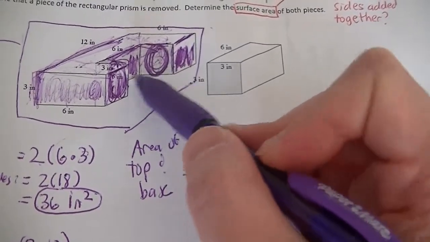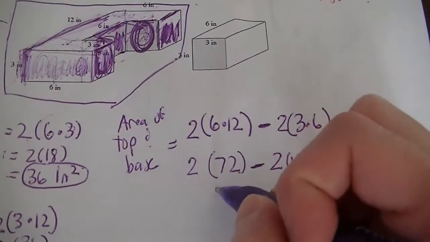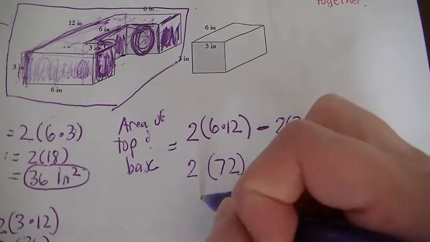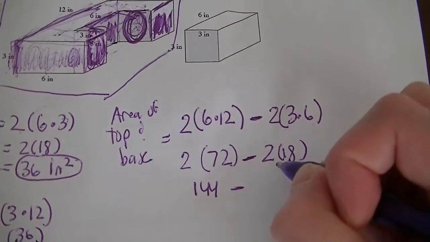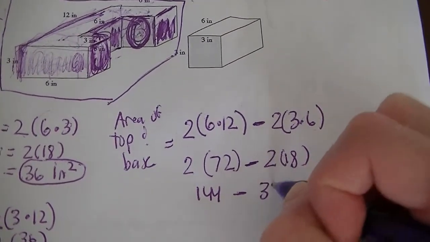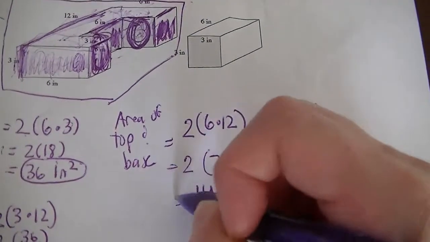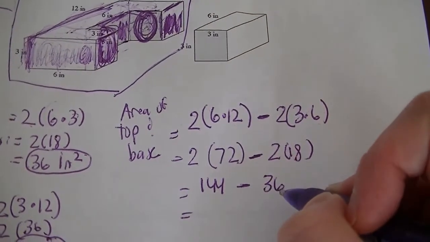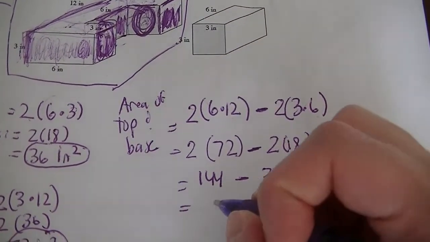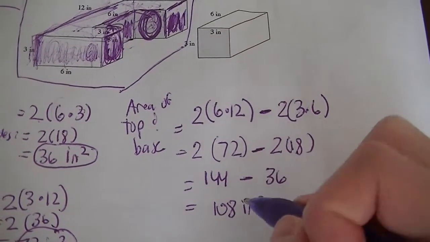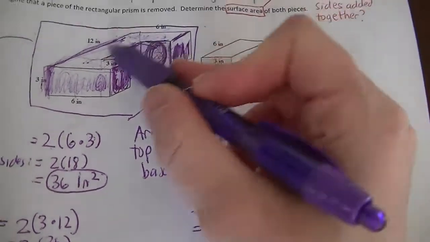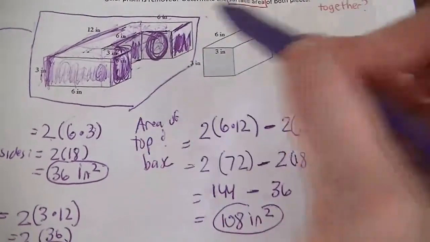Okay, we have to subtract that. So 2 times 72 is 144 inches squared. Subtract 2 times 18, which is 36. So when I go 144, subtract 36, I get 108 inches squared. So that is the area of both the top and the base.